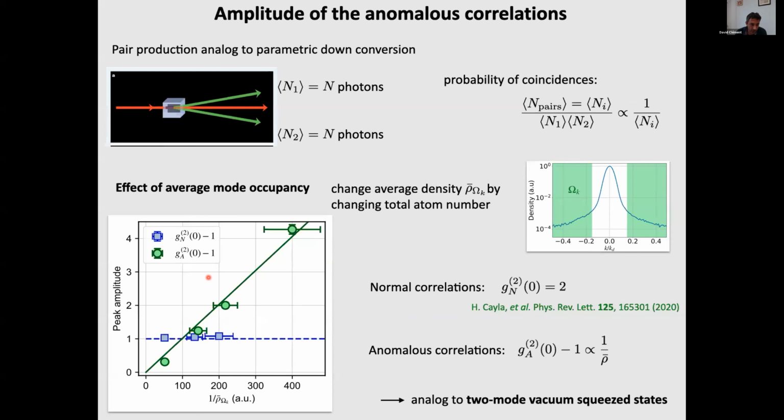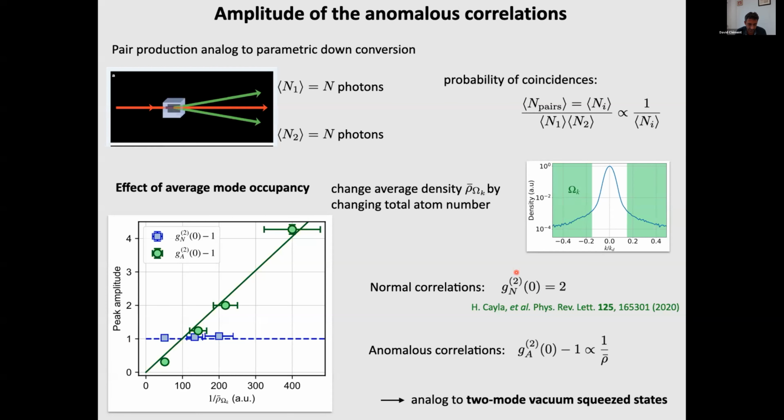In green, you have the anomalous correlation, so the pairing. And in blue, you have the normal correlation, which means the bosonic bunching. What is plotted is the amplitude minus 1 in both cases. So the bosonic bunching is always equal to 2, even in the quantum depletion.